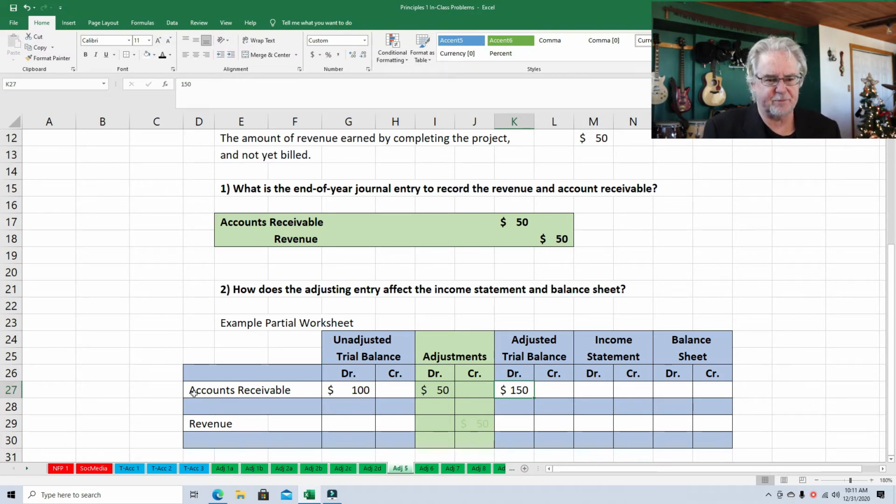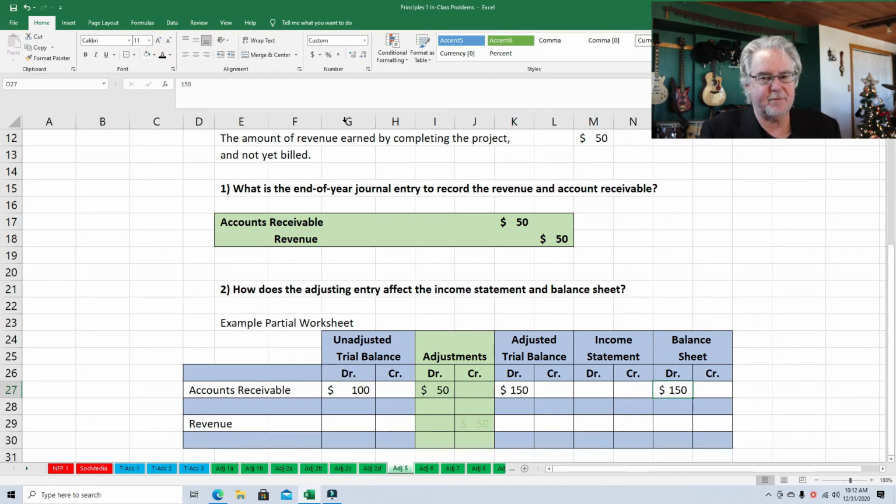So where do assets go? Assets go on the balance sheet, and I hope you remember from probably your first week of accounting class that there are three things on the balance sheet: assets, liabilities, and equity. So accounts receivable is going to go to the balance sheet. The next question is, does it go there as a debit or a credit? Because you have two columns there. Here on the adjusted trial balance, it's a debit of 150, so it's going to go on the balance sheet as a debit of 150.